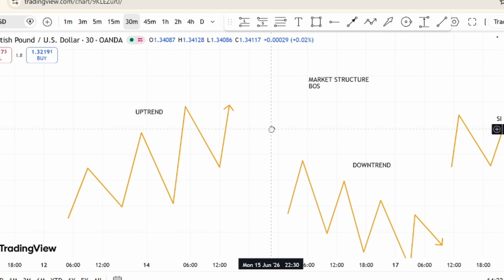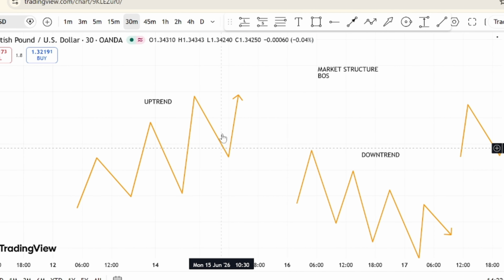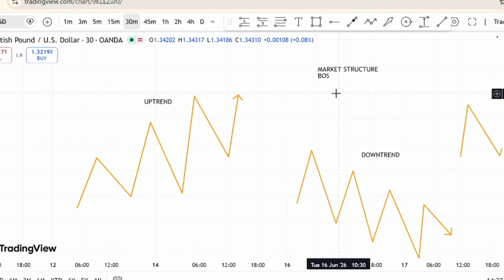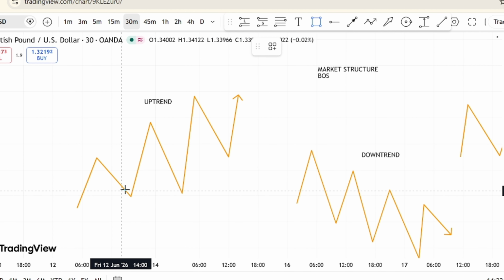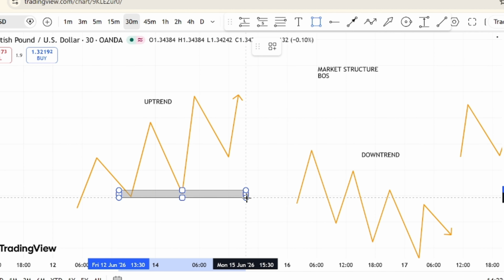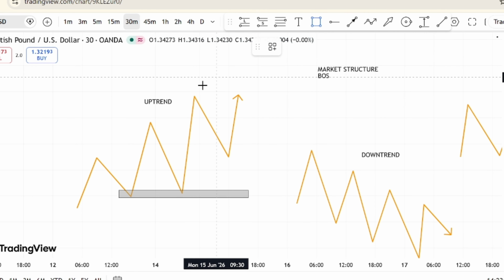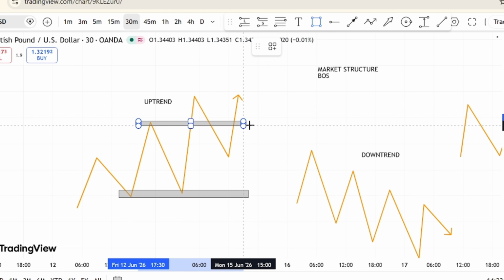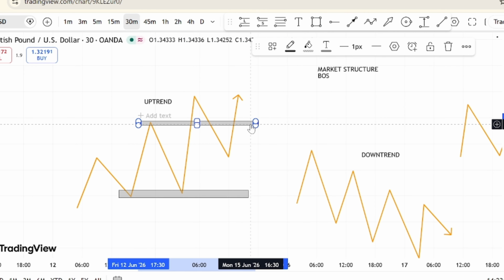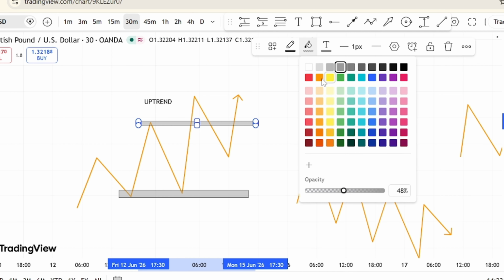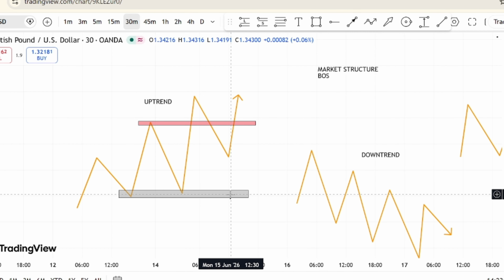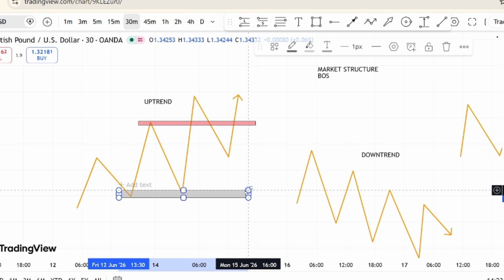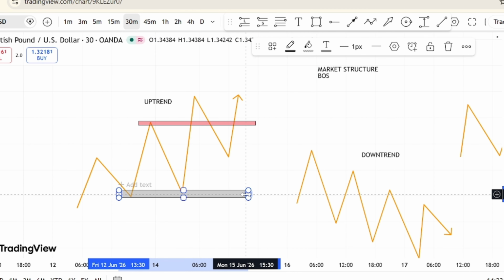Now, a break of structure is when market breaks a resistance or a support zone. For example, in here, this one here is a support, this one here is a resistance. Let me change the color for this one. It's better to make it blue.